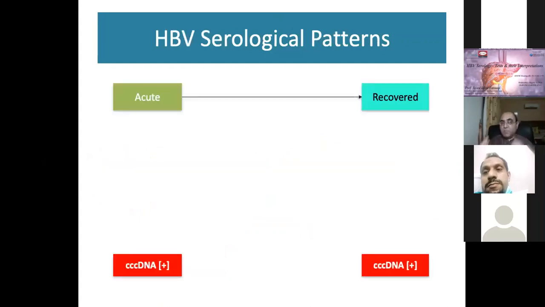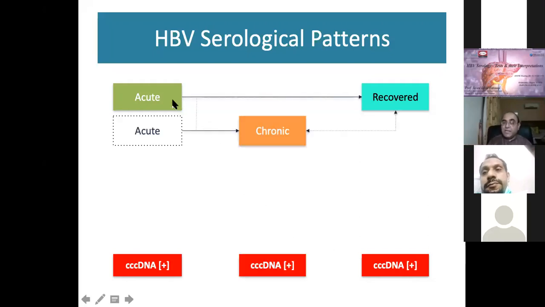So with this main background knowledge, as I said before, if these antibodies are formed within 6 months, we call this acute, going to be resolved, a recovered case. But mind it, in acute as well as in recovered cases, the cccDNA persists in the body. This is important. Then the patient, if it does not get cleared, especially in early childhood, or those who get this infection from the mother, it can go into a chronic phase.